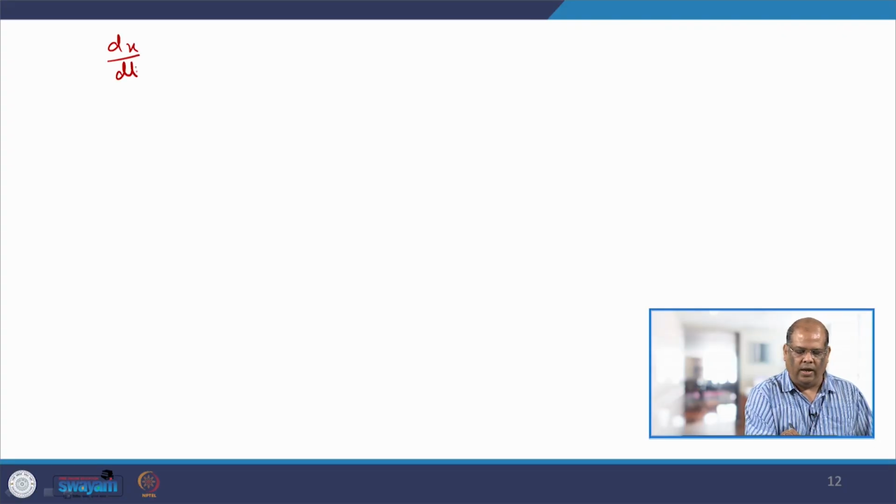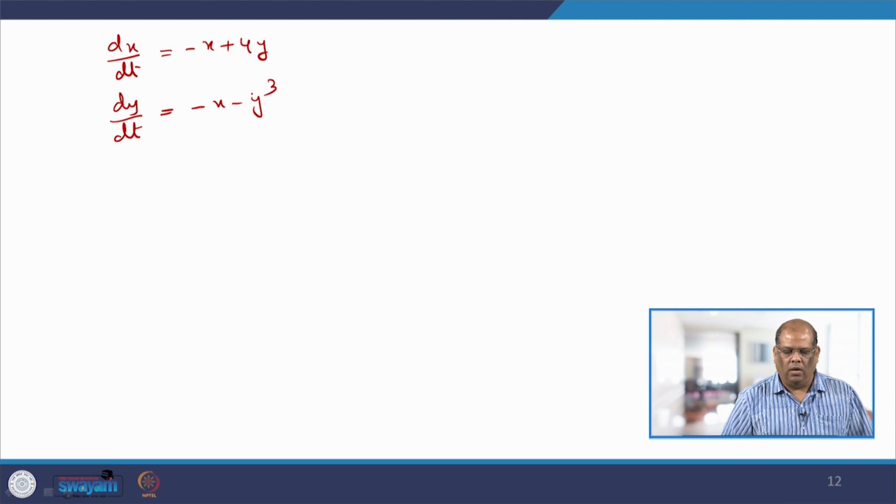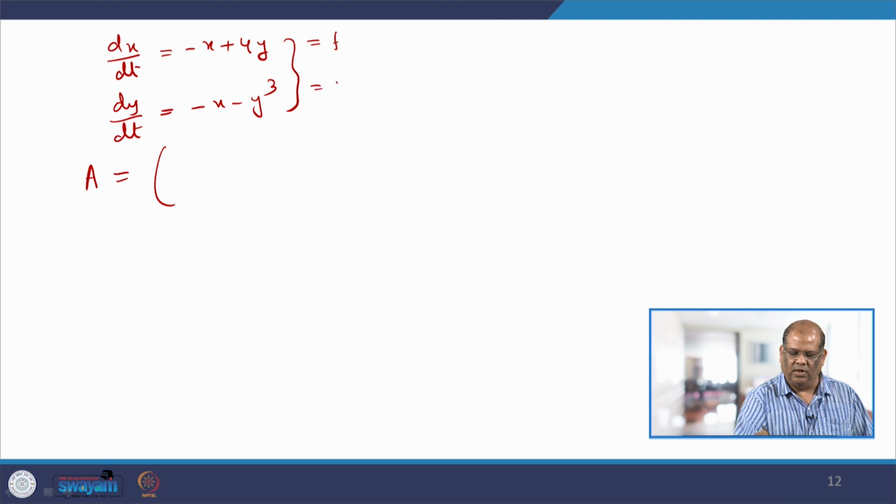Say we start with dx/dt equal to minus x plus 4y, dy/dt equal to minus x minus y cube. So, I have taken a non-linear system, not the linear one. If I call these f and g, the matrix is fx, fy, gx, gy.